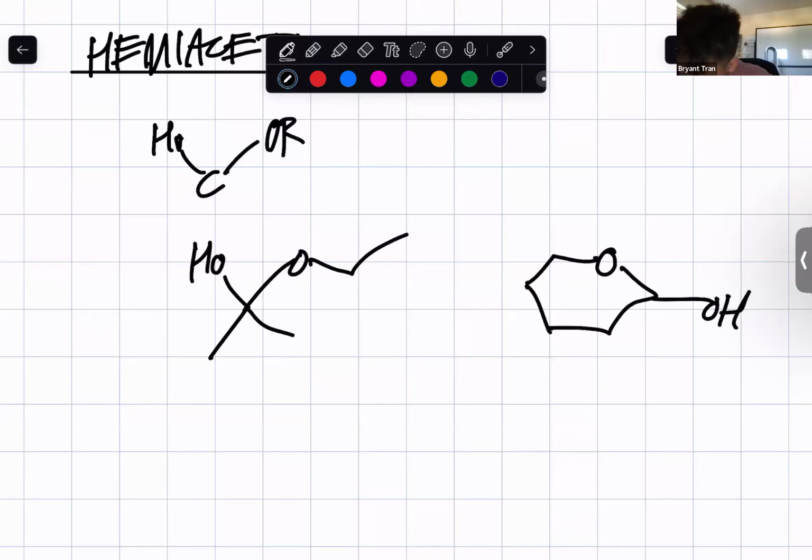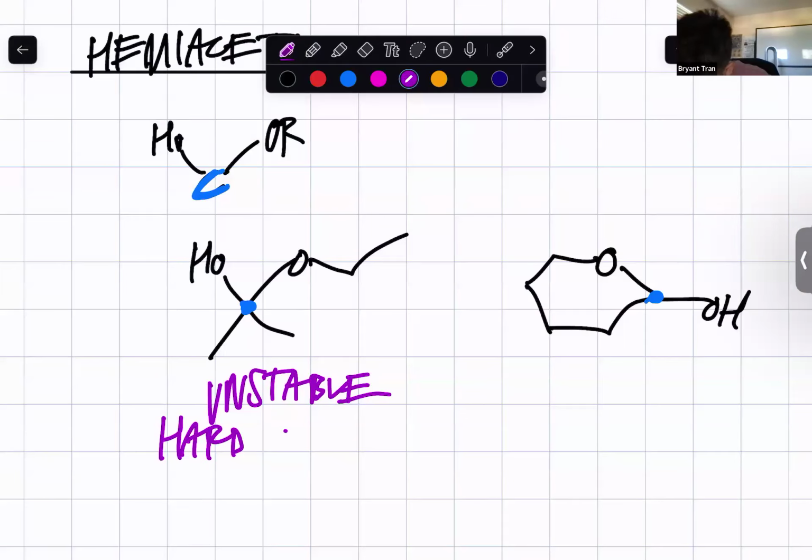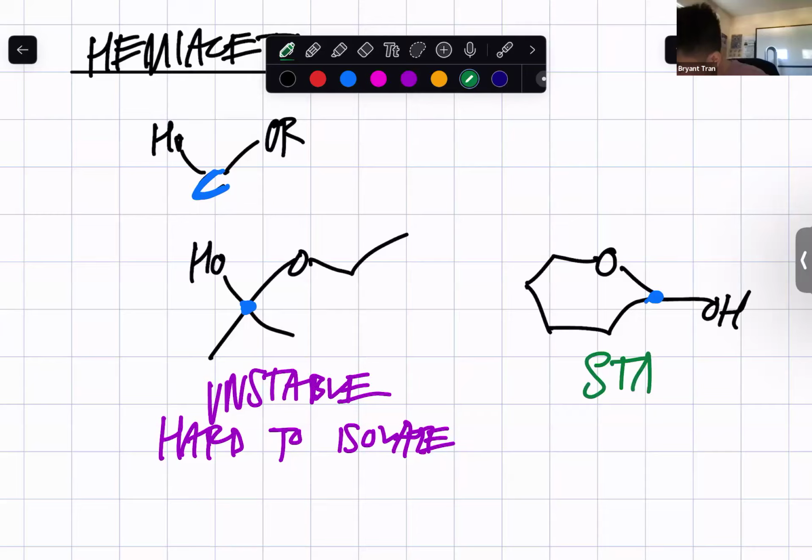And I'm going to color code the hemiacetal carbon in blue, which is going to be this carbon for this structure and this carbon for this structure. The one on the left is going to be considered unstable, and because it is unstable in lab, it would be hard to isolate, meaning that it's hard to keep in a container. Whereas the one on the right will be the stable hemiacetal in the ring structure, which is going to be easy to isolate, easy to maintain in a container.